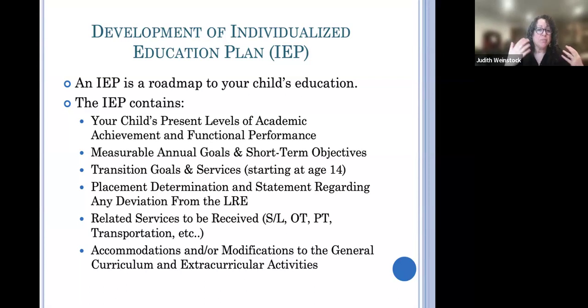So basically what the program is going to be, what the special instruction will be, and the placement of the child, and the related services to be received, whether it's speech language, occupational therapy, PT, whether we need some kind of special transportation to get the child to and from school. And then lastly, there's accommodations and modifications to the general curriculum and extracurricular activities. And we'll go into that again in later slides.